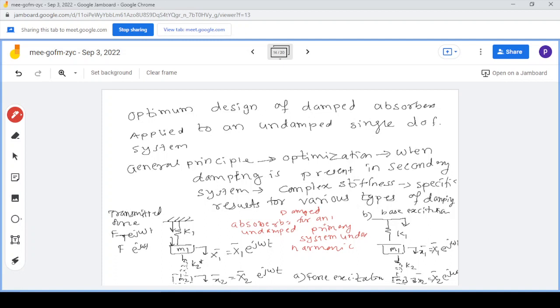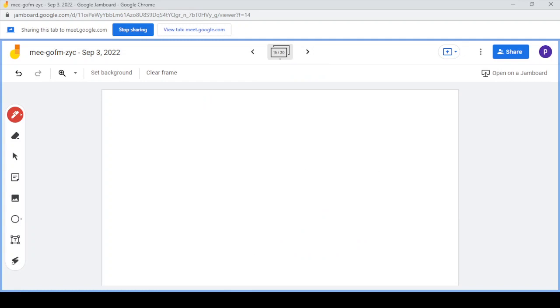So what we obtain? So in this case, T is equal to Ft by F for figure 3a, right?